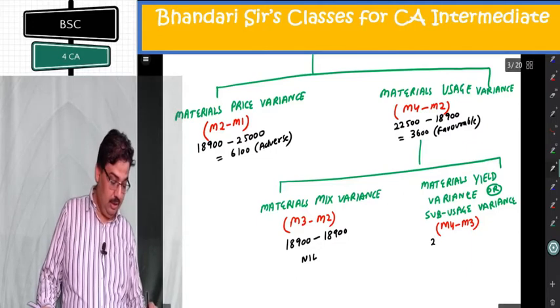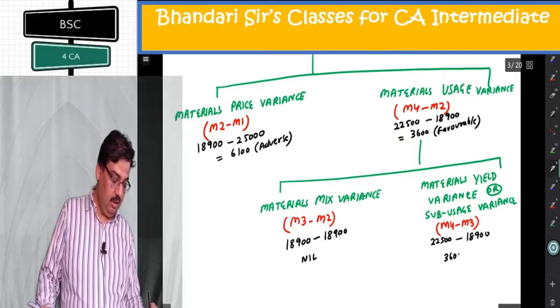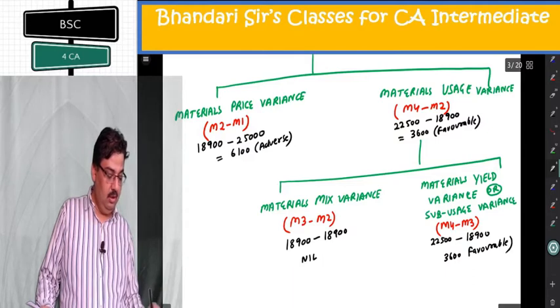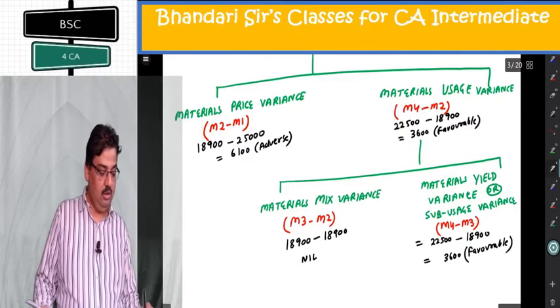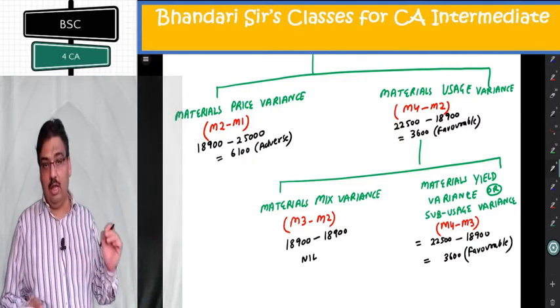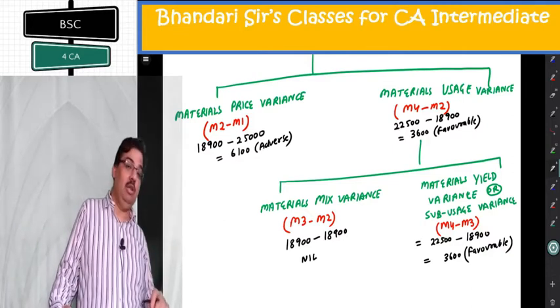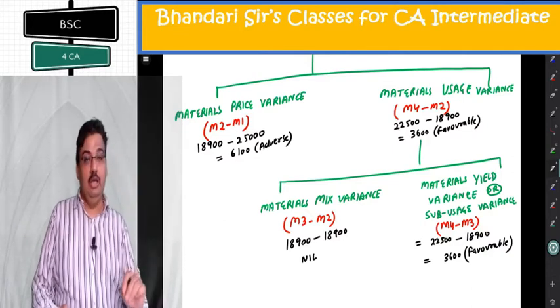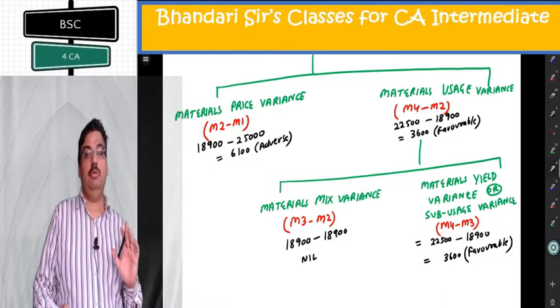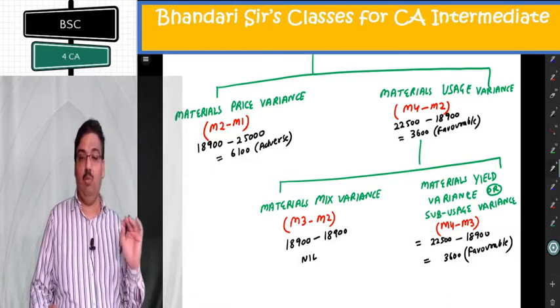M4 minus M3, 22,500 minus 18,900, 3,600 favorable is yield variance or sub-usage variance. So, all the usage variance is caused by yield or sub-usage. That is a complete question C1.